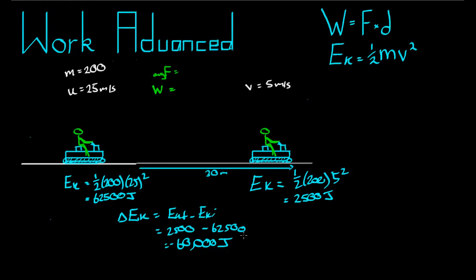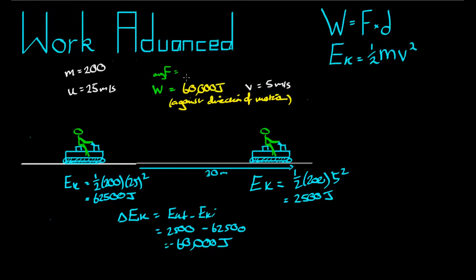So if that is the change in kinetic energy, the magnitude 60,000 must also be the work. So the work is equal to 60,000 joules, and we'll just say against the direction of motion. So the examiner knows we understand it was negative work, but we're saying 60,000 against the direction of motion to the left.